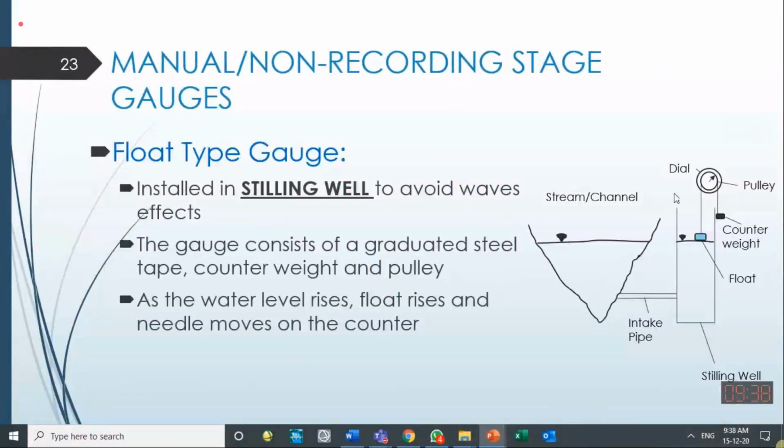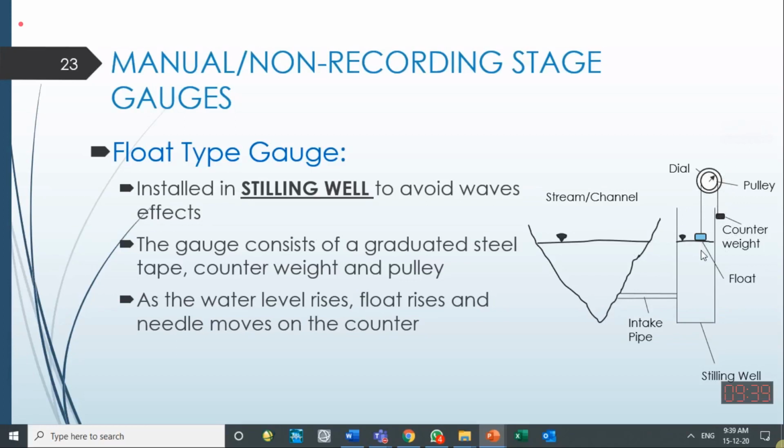If a float type of instrument is used for estimating the stage, it has a light material like a float, usually an empty plastic drum is used as a float, and on the other side they have a counterweight, and they are linked with each other through a pulley installed over there.